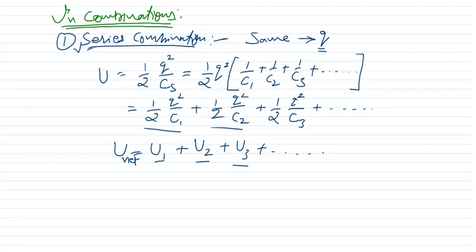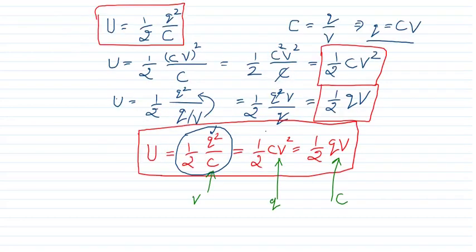Now in the parallel combination, what is same? The same potential, absolutely right. Potential is same. Now I will go back and I will see the formula where the V is there.